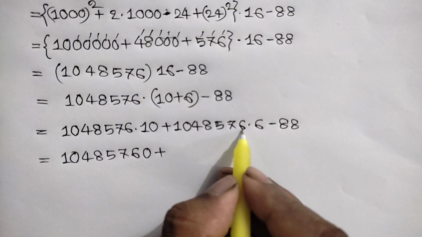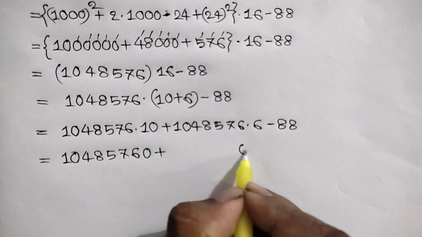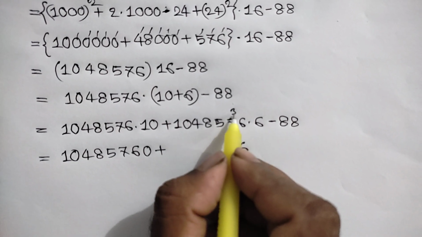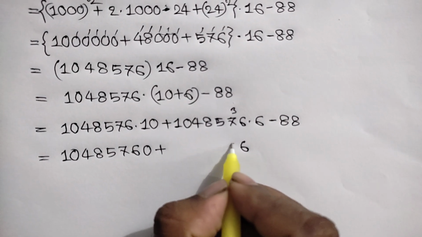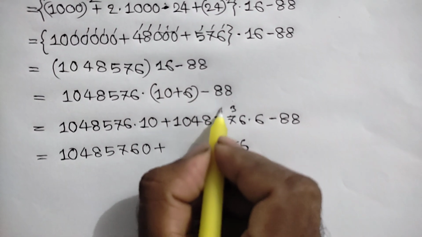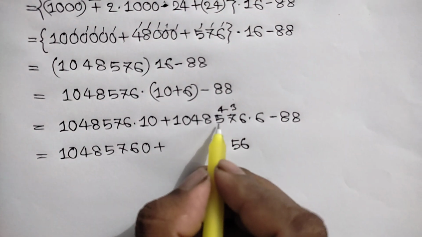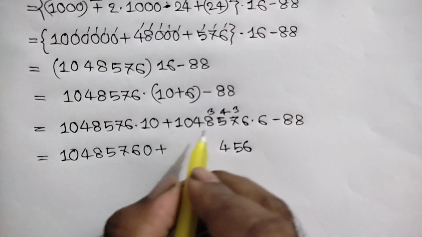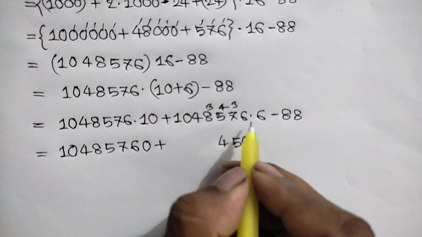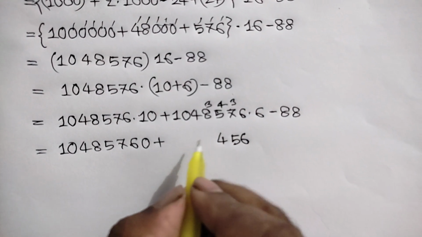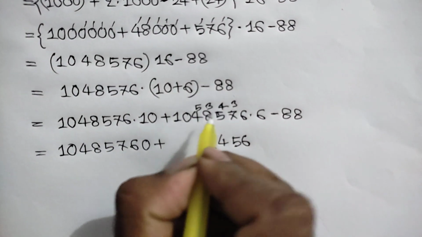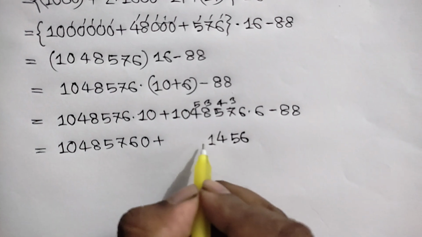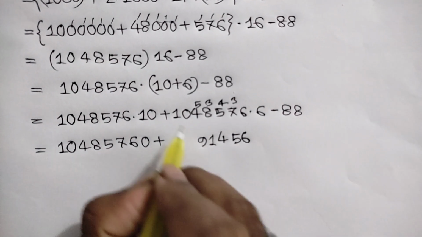Plus 6 times 6 is 36, we write here 6, 3 is carry. 6 times 7 is 42 plus 3 is 45, so we write here 5, 4 is carry. 6 times 5 is 30, 30 plus 4 is 34, so we write here 4, 3 is carry. 8 times 6 is 48 plus 3 is 51, so we write here 1, 5 is carry. 6 times 4 is 24 plus 5 is 29, so we write here 9, 2 is carry.